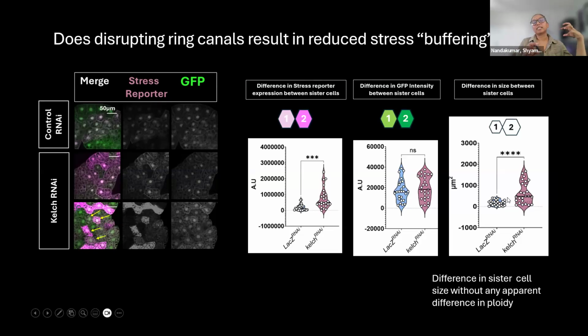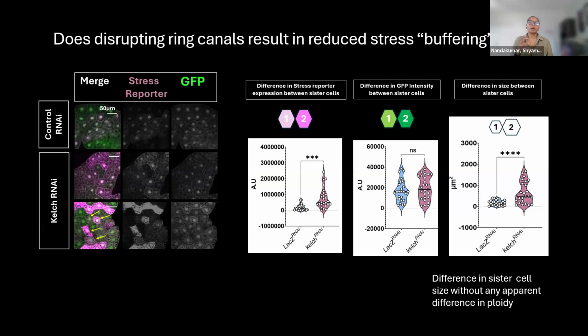Okay, another thing that might be of interest to this audience is that I noticed that the difference in cell size between paired sisters in adipose tissue that has disrupted ring canals is very different. And this difference in cell size isn't necessarily a result of difference in ploidy because the nuclei appear to be relatively similar in size, but the cell size is different.